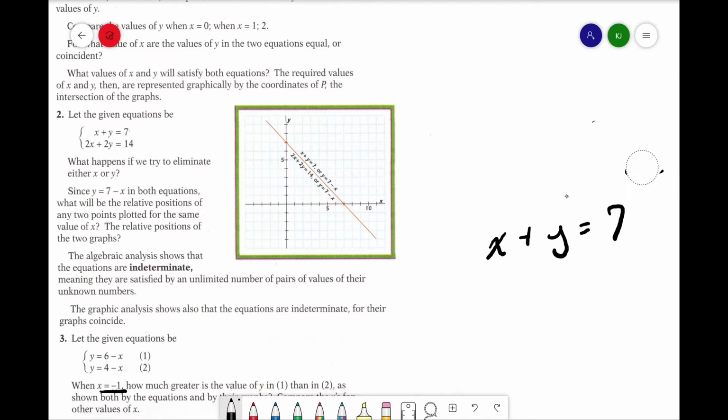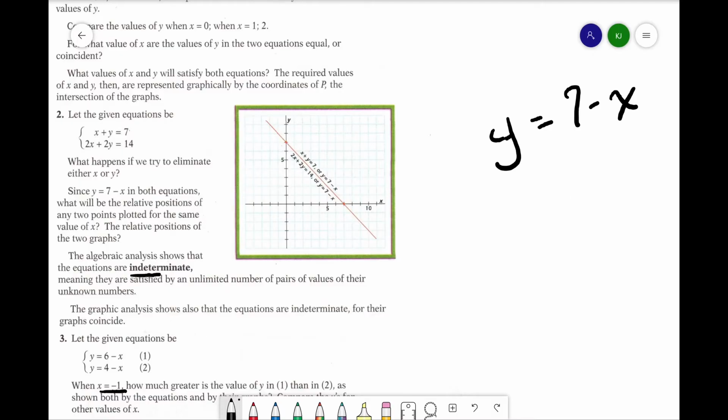But we're also wanting to eliminate one of them. So now that we know that it's the same one, if we wanted to pull y out, we're just going to subtract x from both sides, and we get y equals 7 minus x. So if y equals 7 minus x for both equations, then the relative position of the points is going to be the same no matter what points we plug in for either equation.